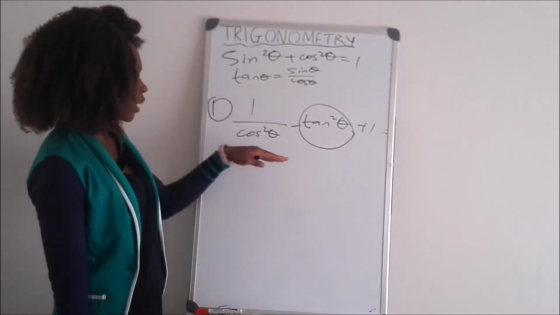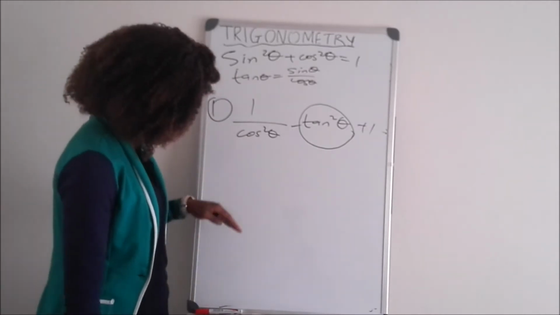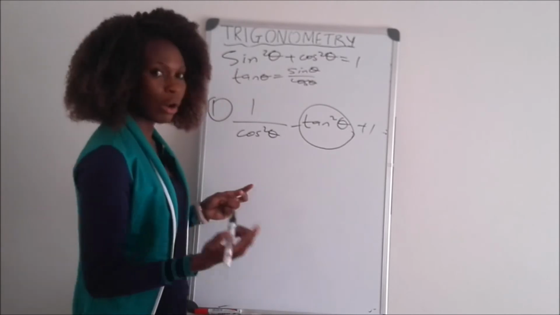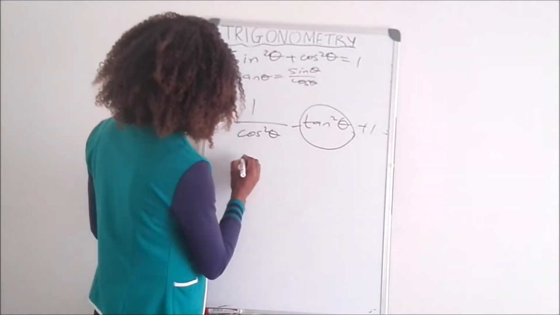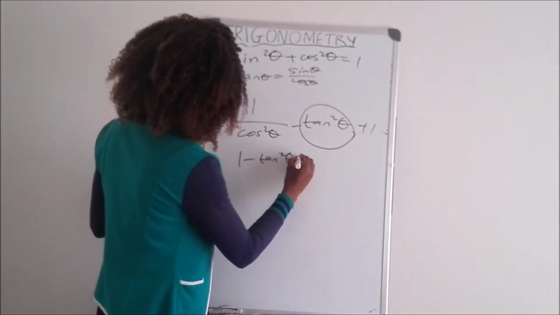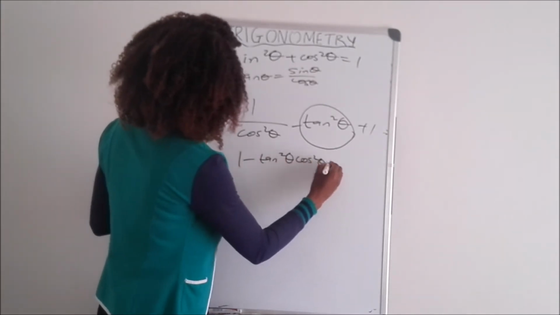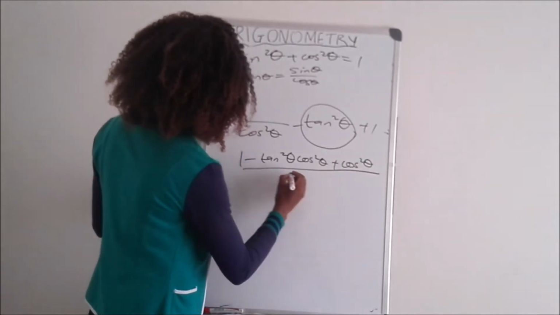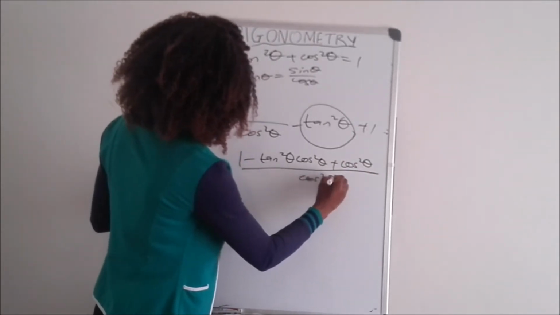But before we can do that, let's work on our fraction, which is 1 divided by cos squared theta, to have one whole fraction. We'll have 1 minus tan squared theta cos squared theta plus cos squared theta divided by cos squared theta.